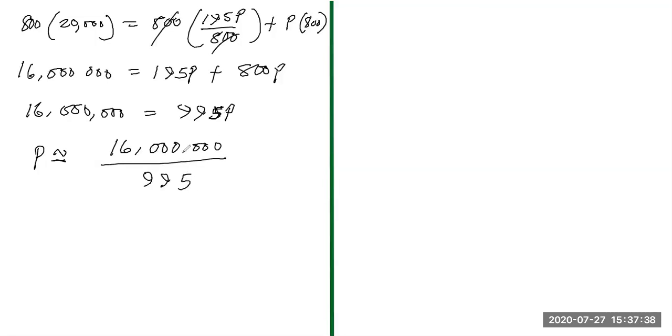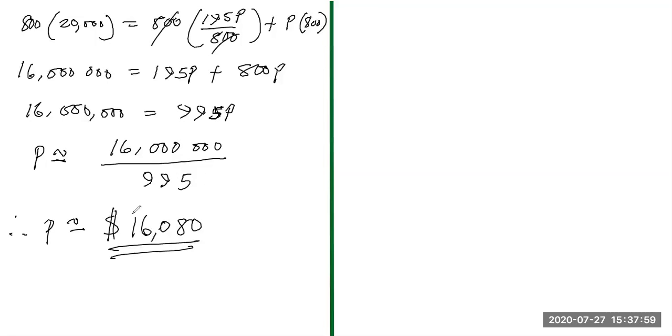All right, so with your calculating device, what do we have? Therefore our P is approximately equal to $16,080. So this is the approximate value of P.